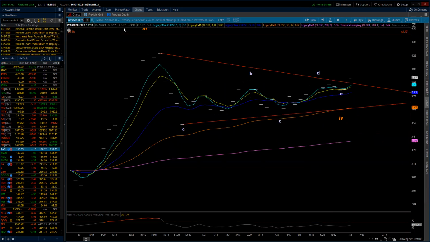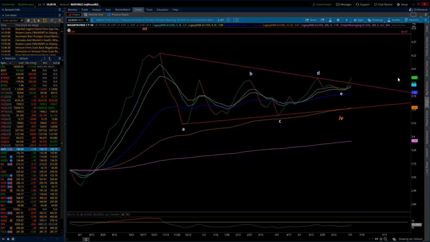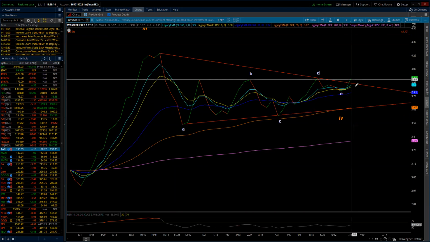This is just the market yield on U.S. Treasury securities at a 30-year constant maturity, right? So I need to just put this back over into my closing basis because that's really how this is reported. We don't get that intraday move. So you can see that that finish is 3.97, just below 4%.